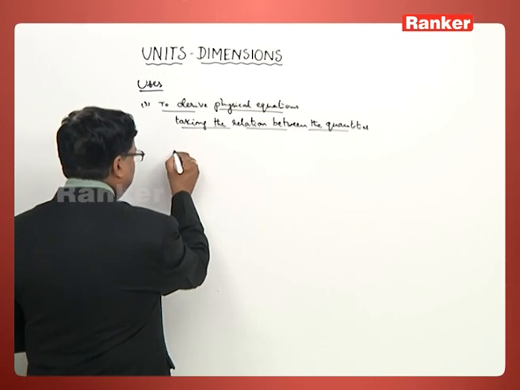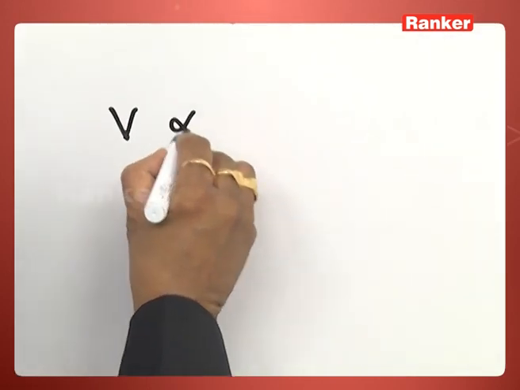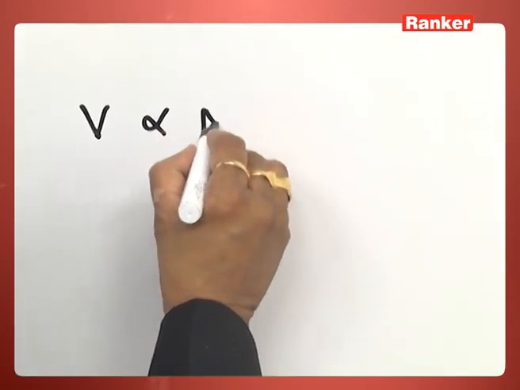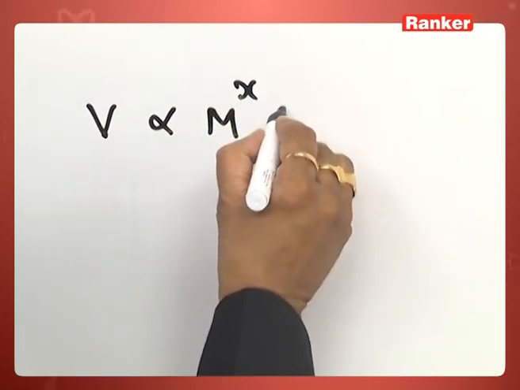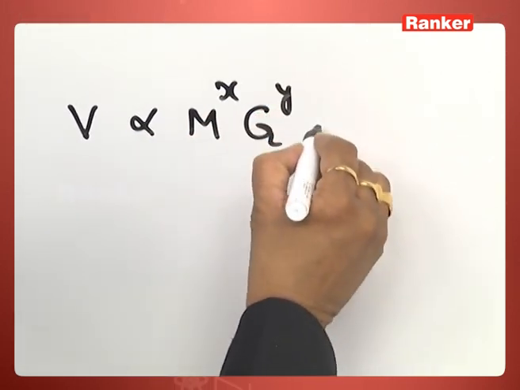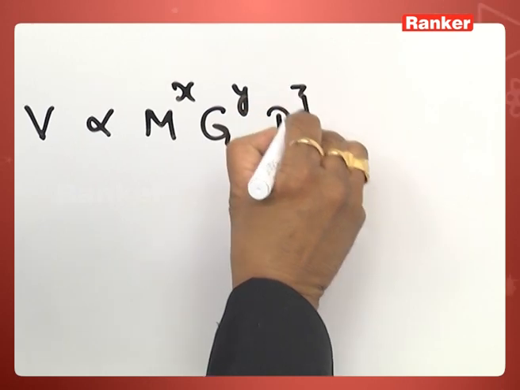It is given that V is directly proportional to m to the power x, g to the power y, r to the power z.